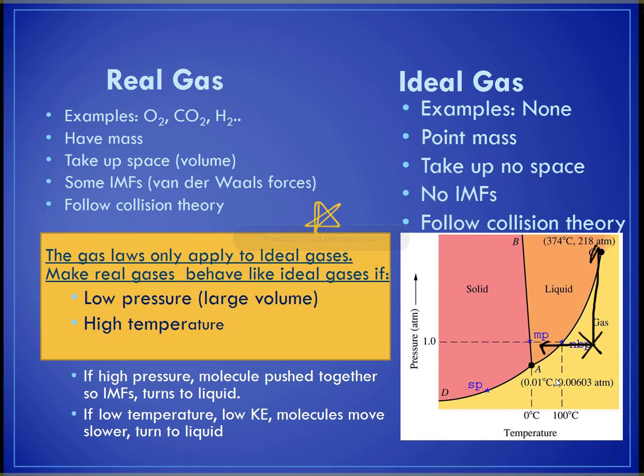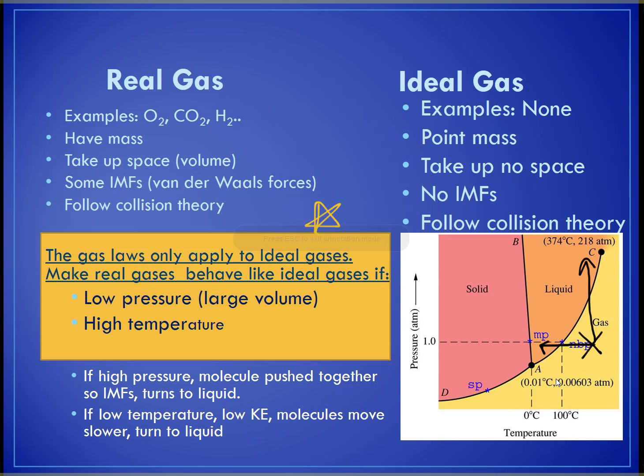I'm going to draw it a little bit straighter, see if I can do a better job this time. Well, not so much better, but the point is if you put it under a lot of pressure or a small volume, you're going to turn into a liquid. And again, you can't apply your ideal gas laws to liquids. So we want to keep gases behaving like gases.